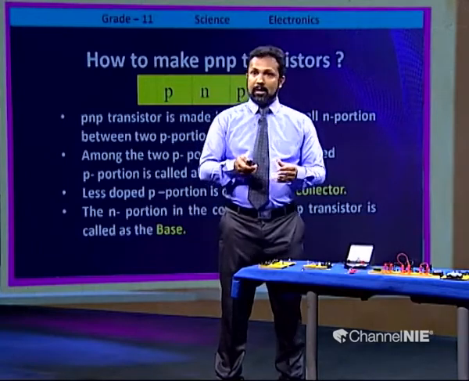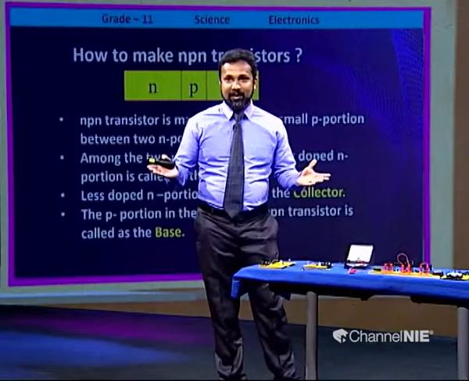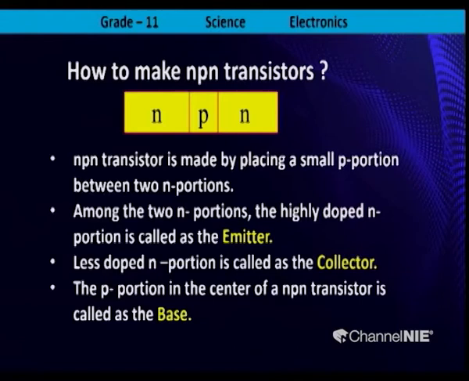Right. Let's focus our attention on the NPN transistor. As you can see, an NPN transistor is made by placing a small p portion between two n portions. Here, among the two n portions, the highly doped n portion is called as emitter.